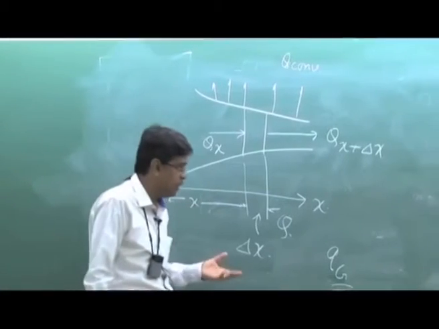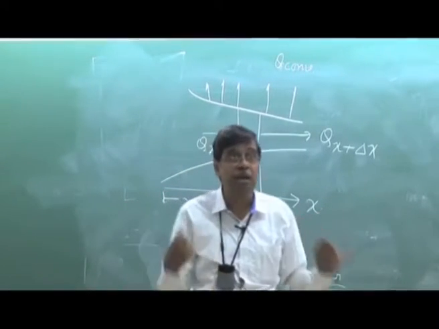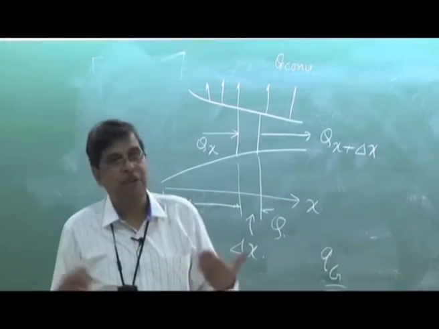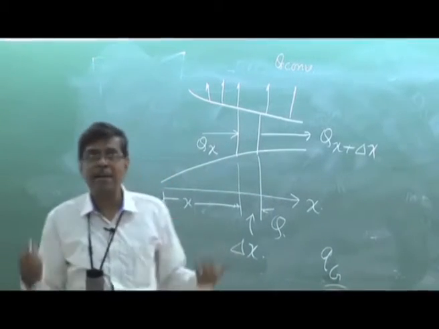Qg may be a function of x, may be constant, may be a function of t also, and implicitly a function of x, because t is a function of x. That means Qg may vary with x and t.